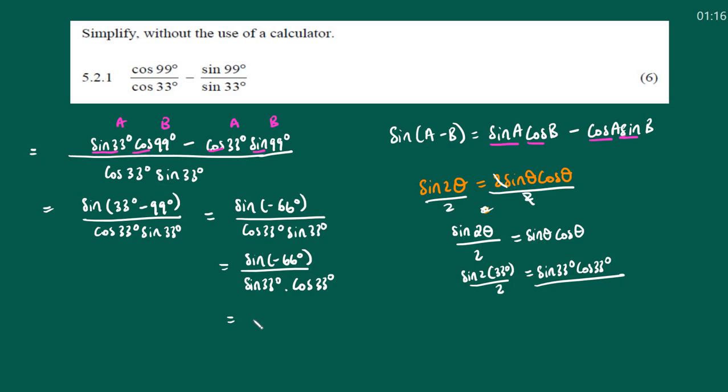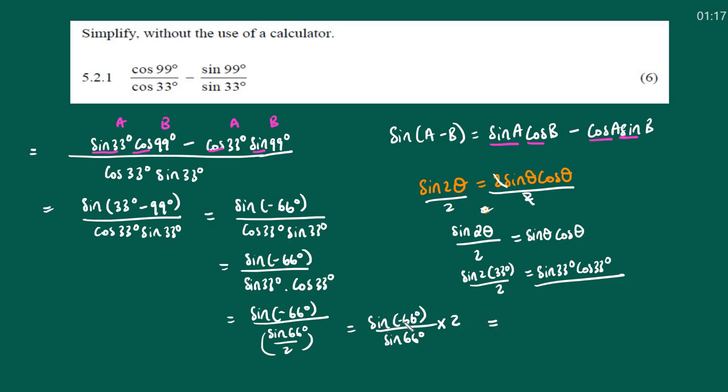So now this means I will have sine negative 66 degrees all over sine, remember now 2 times 33 should give you 66 degrees, divided by 2. Now guys, you remember it's a denominator, right? So you can write this as sine negative 66 degrees divided by sine 66 degrees, and then the one at the bottom you multiply by it.